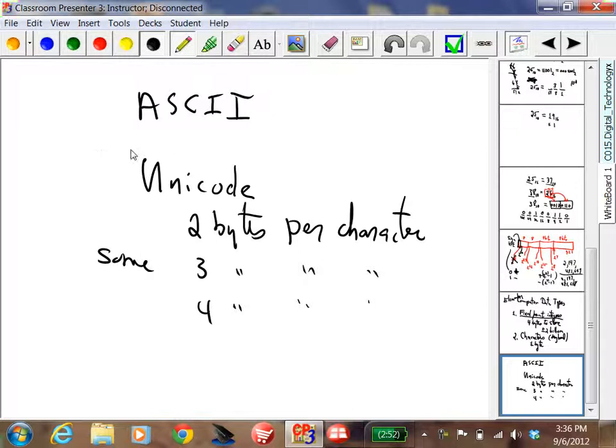But I would say, for the most part, we still use ASCII, okay? And the characters are 1 byte long. Actually, ASCII is a 7-bit code. The first bit in ASCII is always a 0.